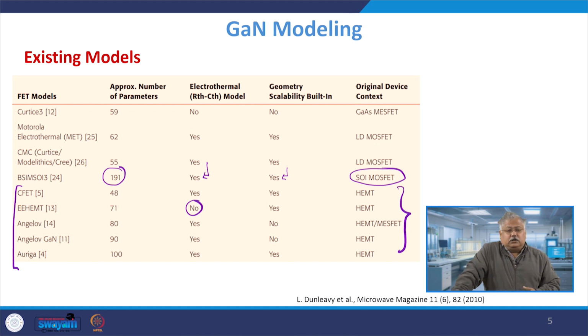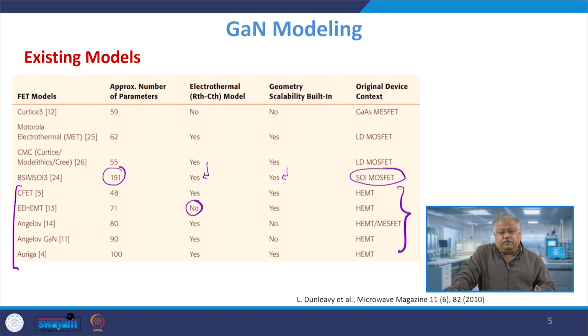So that is not acceptable when you try to find out a hotspot in a typical III-V GaN modeling, whereas others give you the electrothermal modeling to a larger extent. The cost you pay for it is that when you don't do electrothermal modeling, the simulation times are much reduced, and therefore if you are doing a first run of the system, it becomes much easier to handle if there is no electrothermal model inbuilt within it.